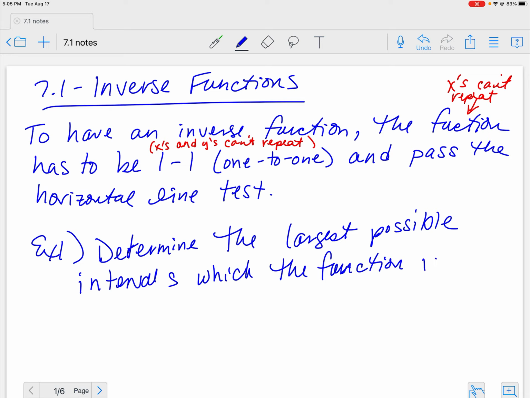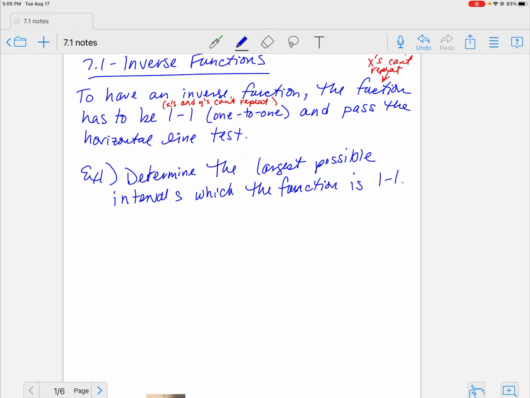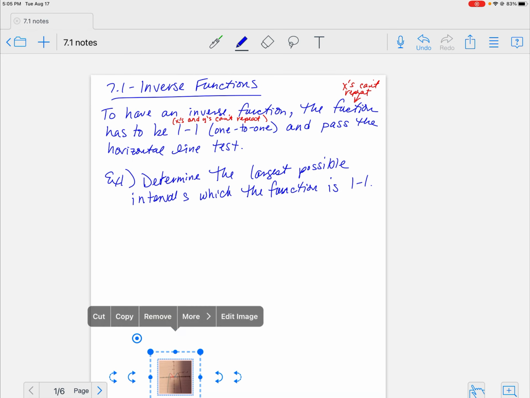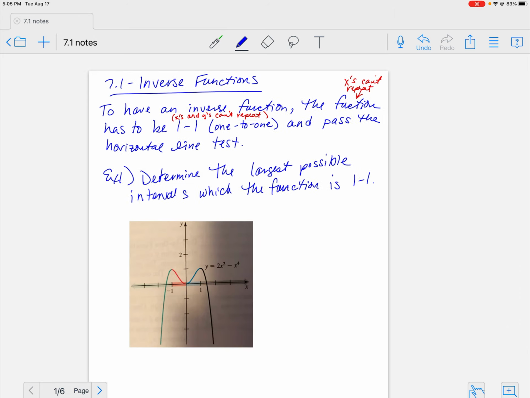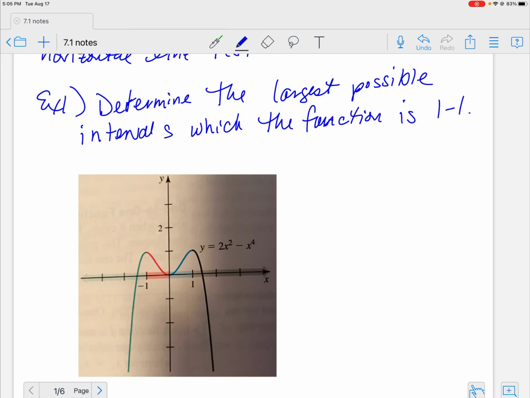Function is 1-to-1. Okay, that's what we want to know. And here is our function. So I've got it on here. I'm just going to bring it on up. Wasn't sure what kind of space I would have, so I kept it small to begin with. Ta-da! There you are, you little beauty.